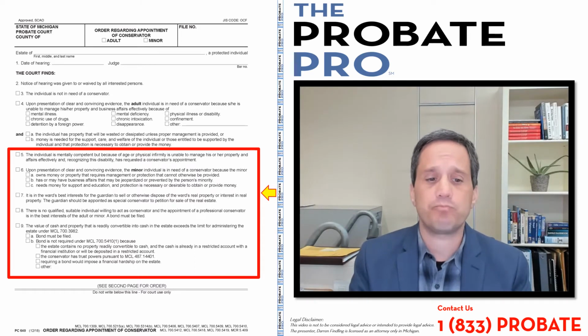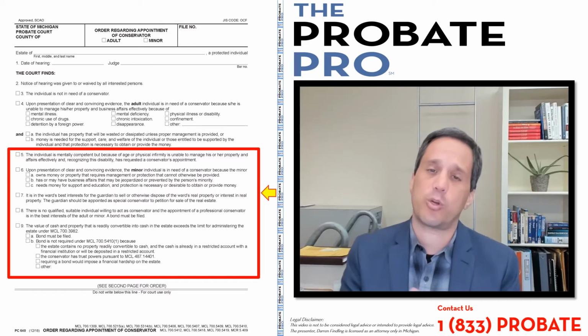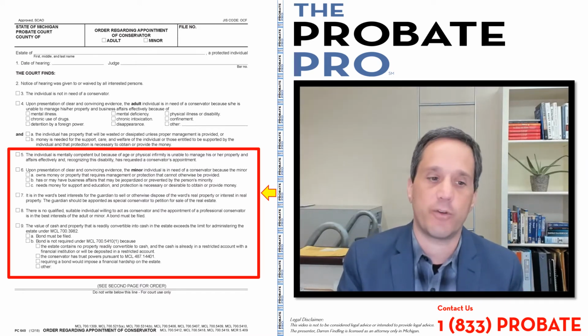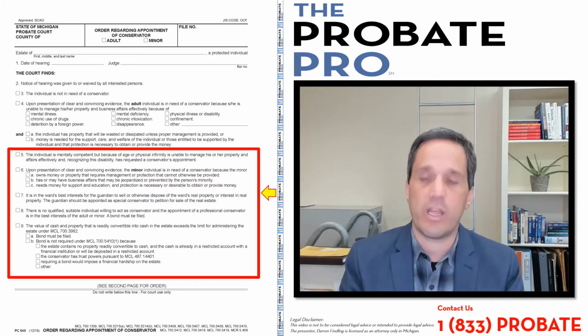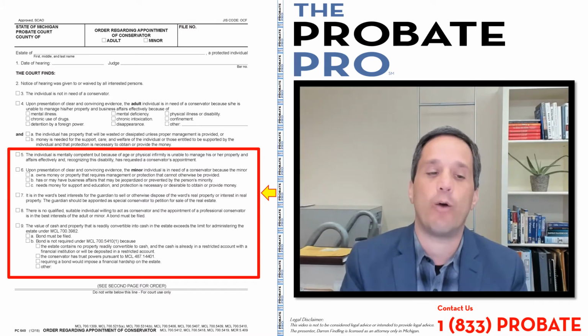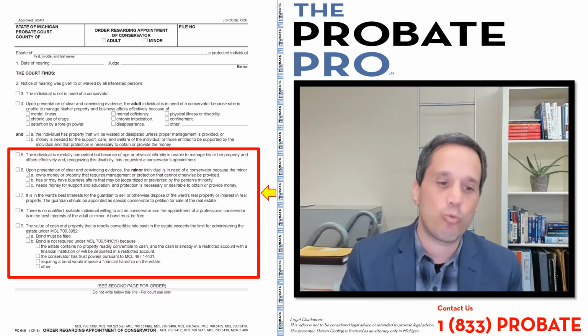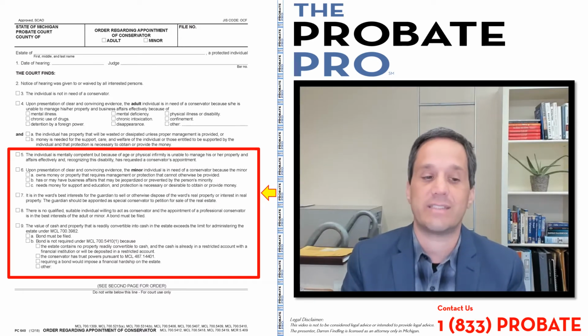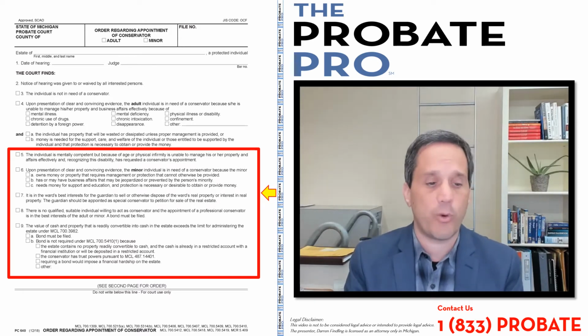Number 9 is for purposes of the court determining how much risk there is for this conservatorship estate. The court evaluates the value of the cash and property that is liquid or readily convertible into cash, and whether it exceeds the limit for administering the estate under the statute 700.3982.